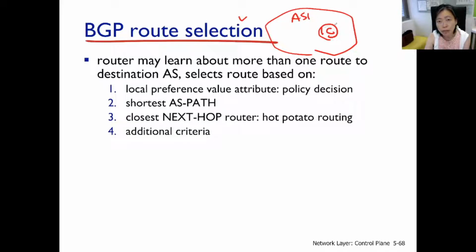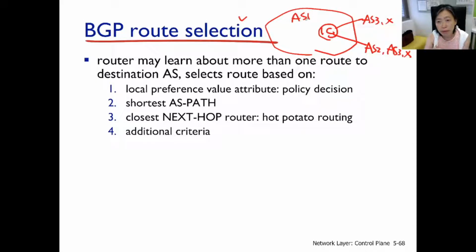So you see towards the end of the scenario, AS1 discovers 2 AS paths, one from AS3 to go to destination X, the other from AS2, and then via AS3 to go to destination X.